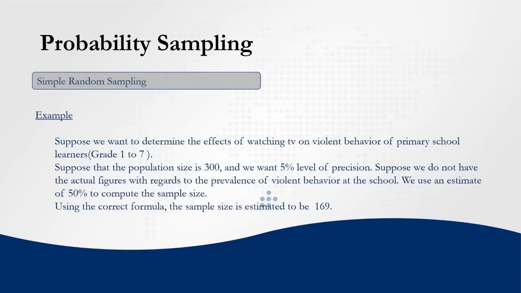Even if you go above 50, if you say it's very high, at 90%, the sample size will be lower. So with the scenario that I've given, I estimated my sample size to be 169. So we're going to go ahead now and select a simple random sample.